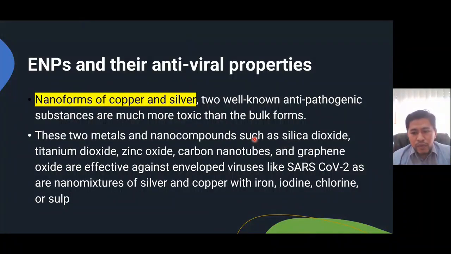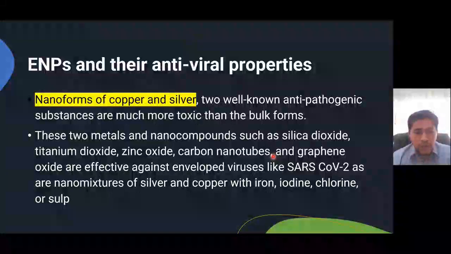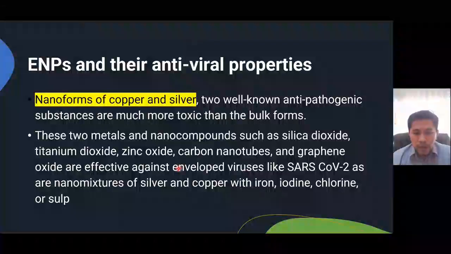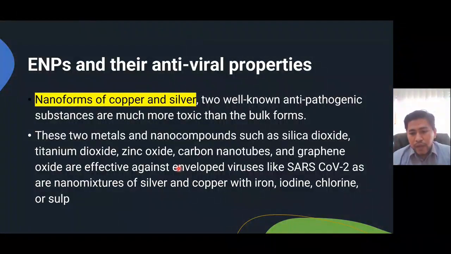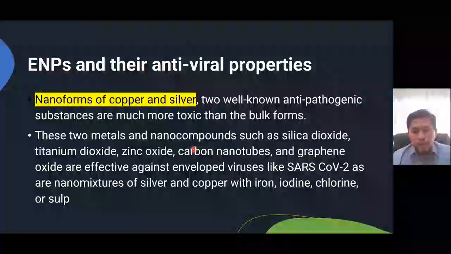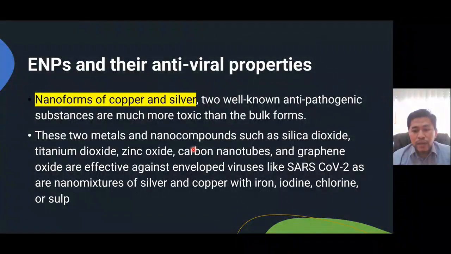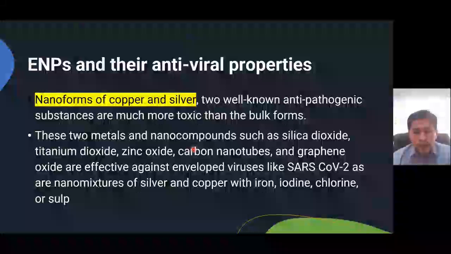These two metals, and nanocompounds such as silicon dioxide, titanium dioxide, zinc oxide, carbon nanotubes, and graphene oxide, are all effective against enveloped viruses such as SARS-CoV-2, as is a nanomixture of silver and copper with iron, iodine, chlorine, and sulfur.